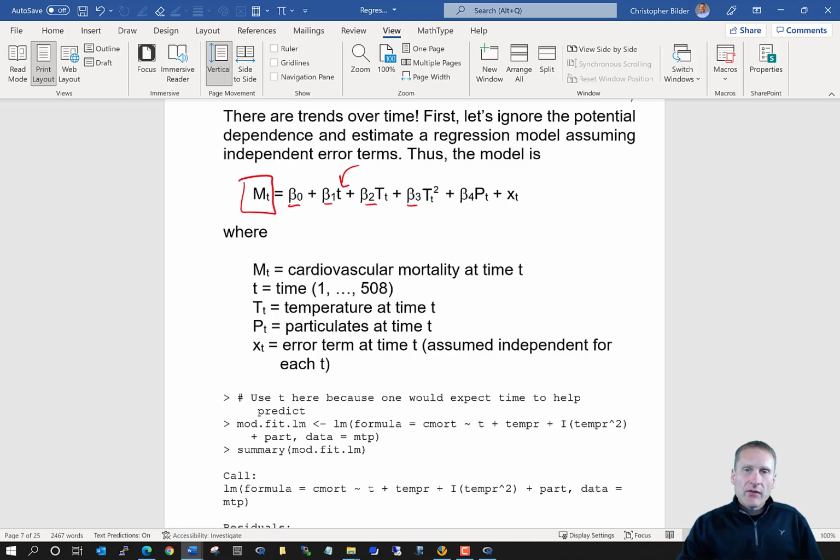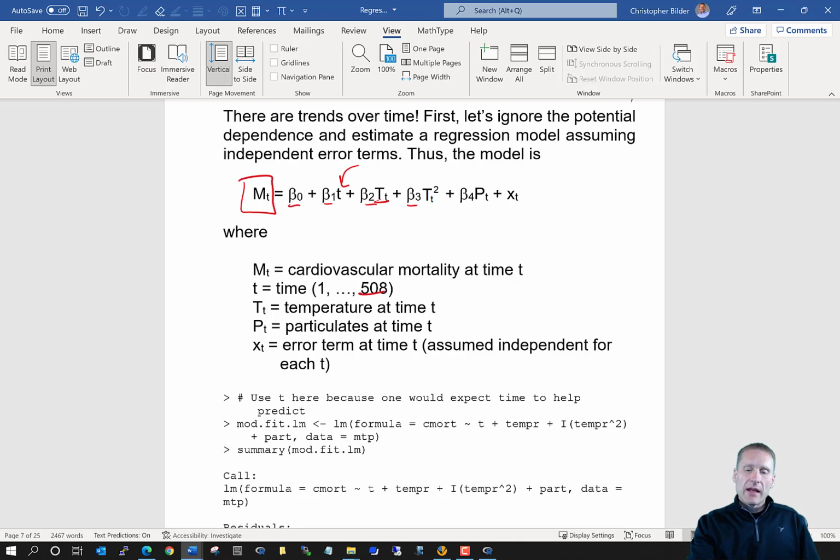I'm going to use this little t, which represents time. So we had a column in our data set representing time, 1 through, actually it's 508. Very often with these kinds of regression models, it's good to include this kind of a variable in it because, again, we're expecting to see trends over time, and this t helps to account for that.